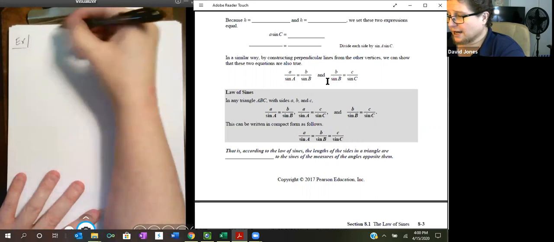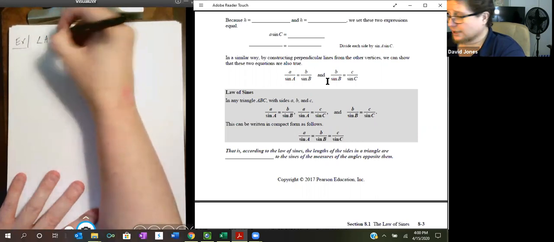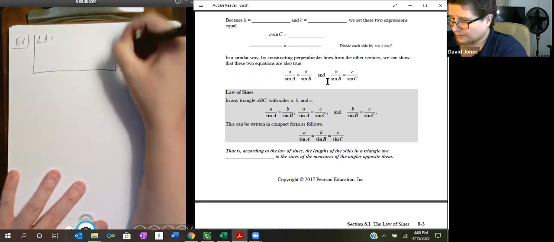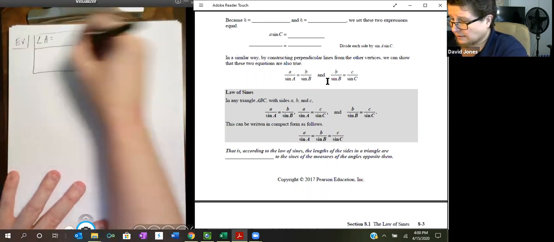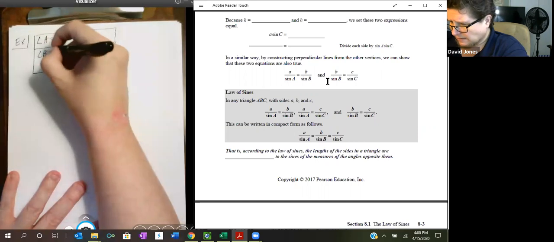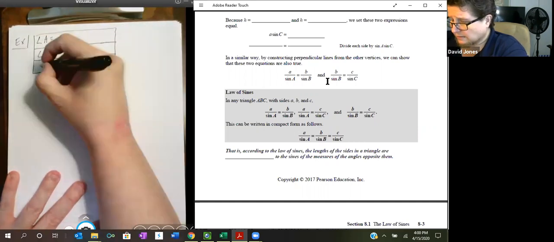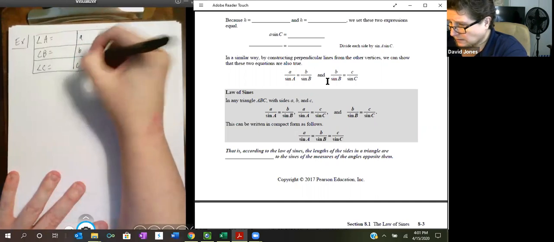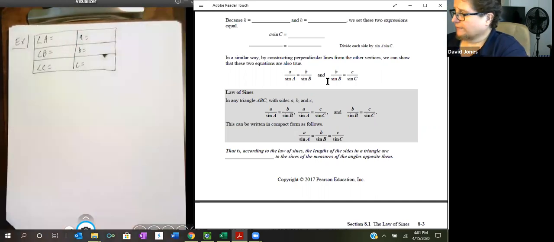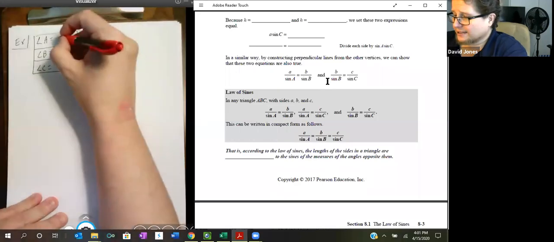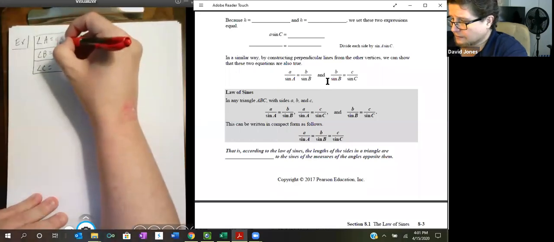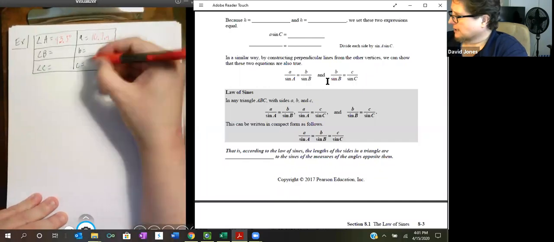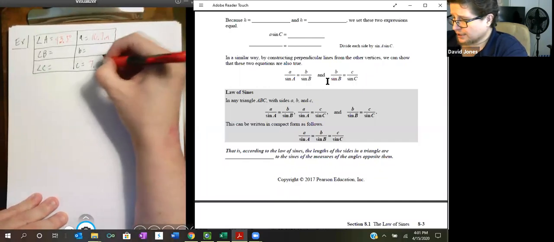We're going to have angle A equals, take our table. We've got 43.5 degrees, 10.7 inches, 7.2 inches.